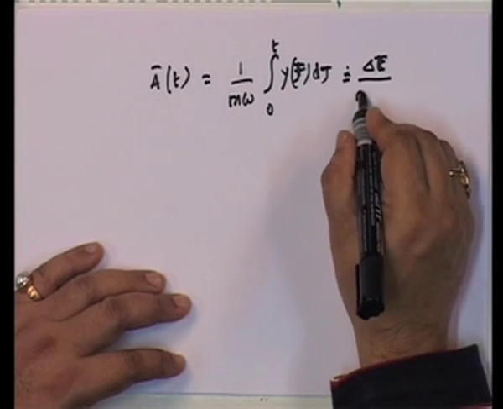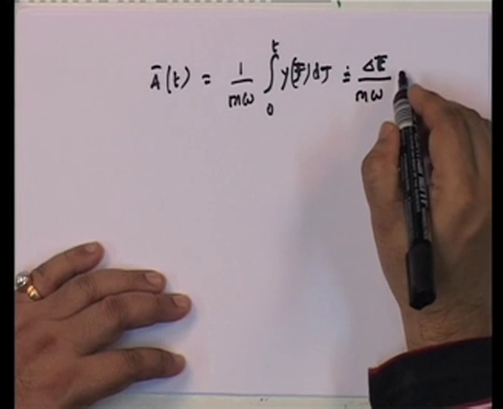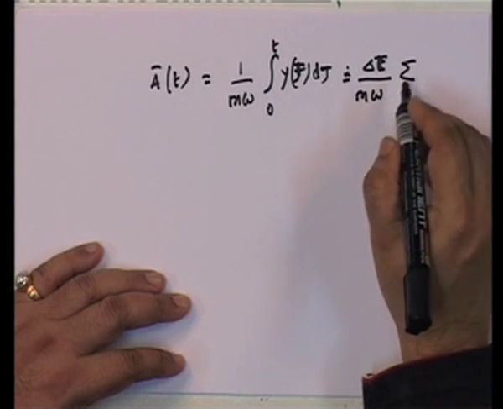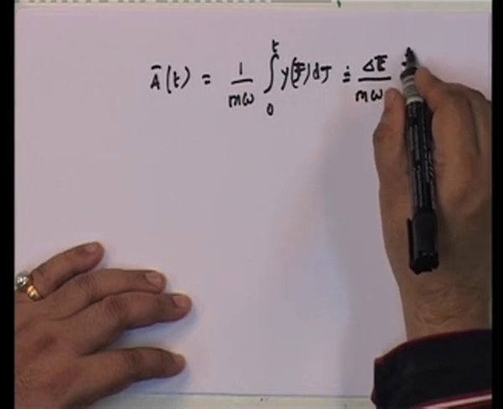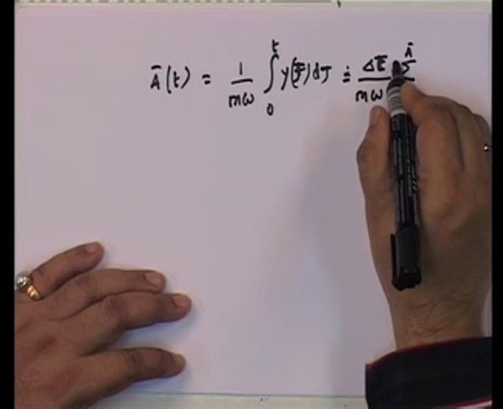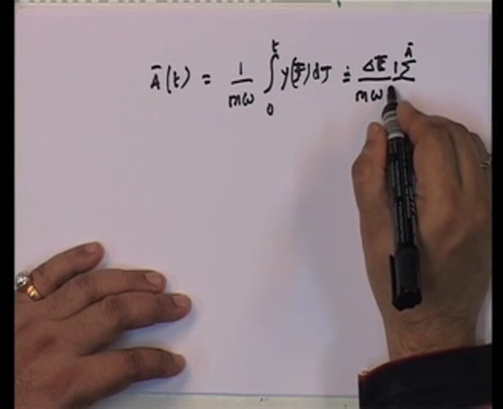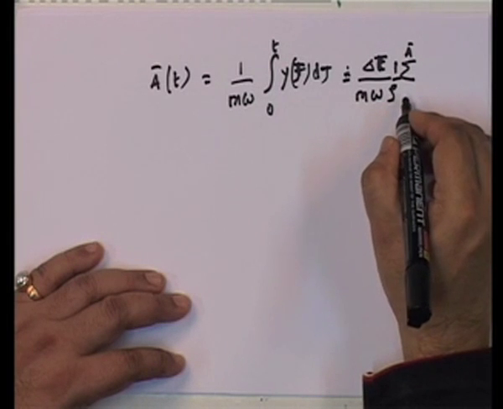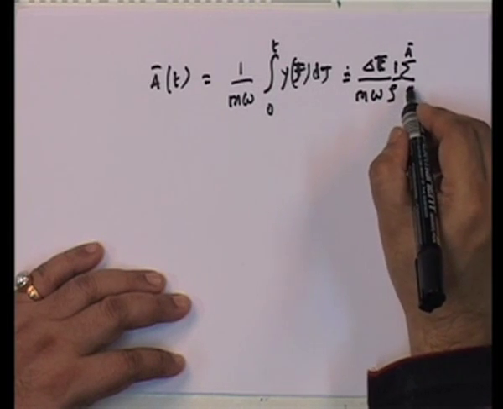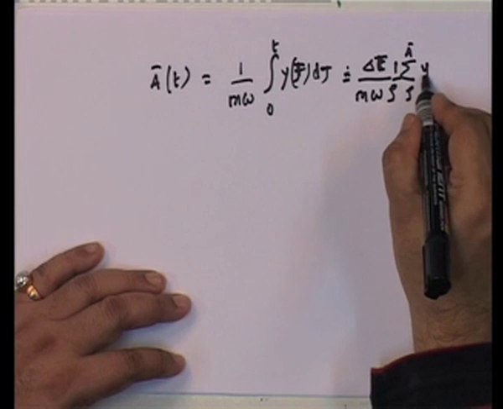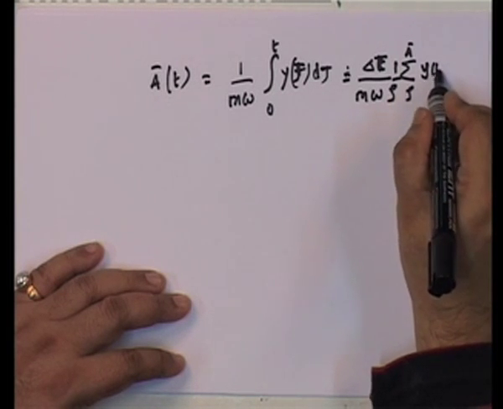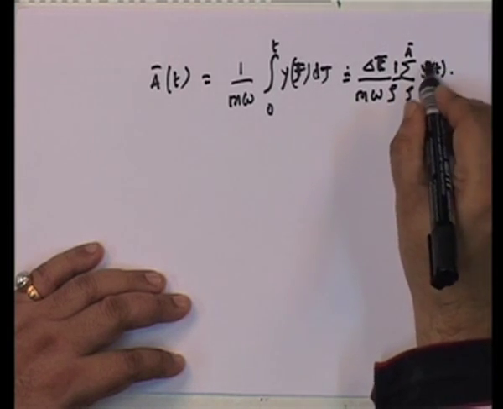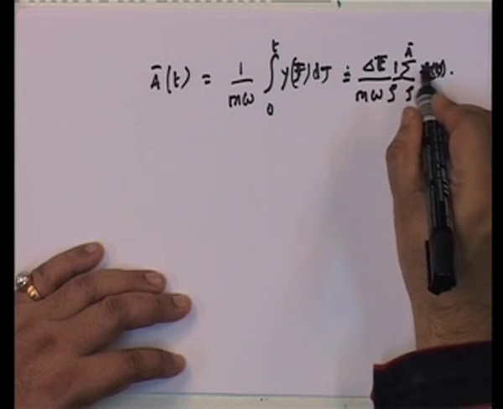upon m omega into some summation, and I will call that 1 upon zeta, where this is y of t.